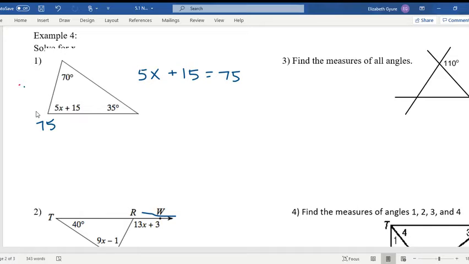Linus? So I do want to add all three up, but I don't want to set it equal to 75. If I add all three angles, I want to set it equal to 180. So this was just one idea from what Mark said, right?